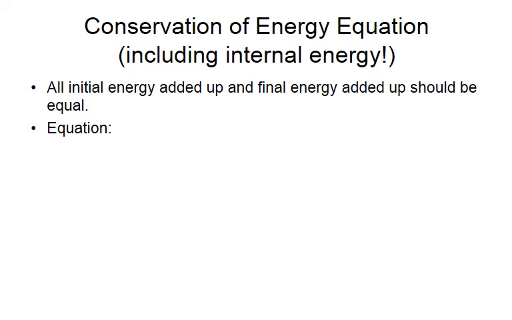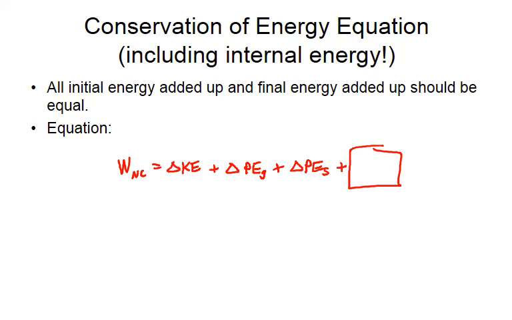All right, so when we talk about conservation of energy, including internal energy, again, it's looking at the total amount. And so now we have to consider what's happening, right? In this case, with non-conservative work, that deals with friction or air resistance, anything that's affecting the overall energy of the system.